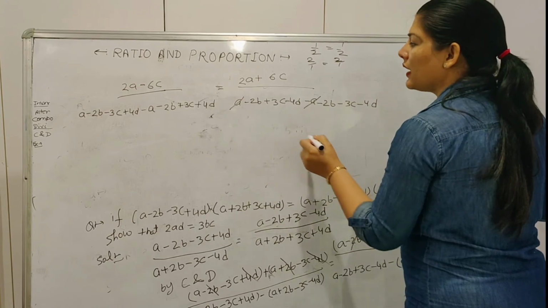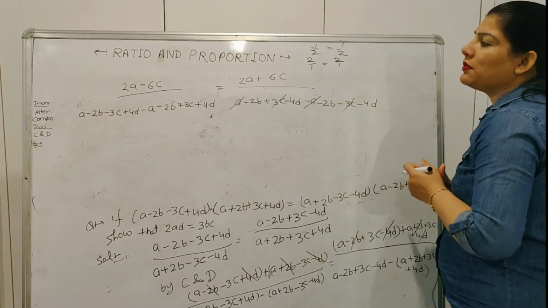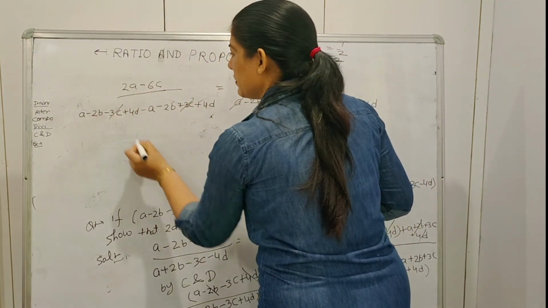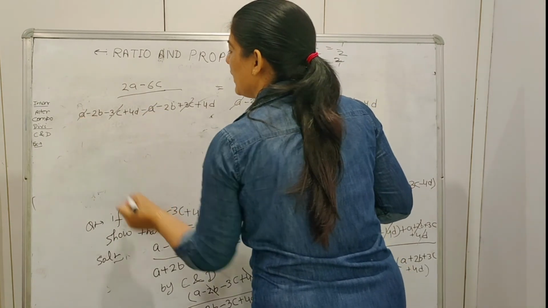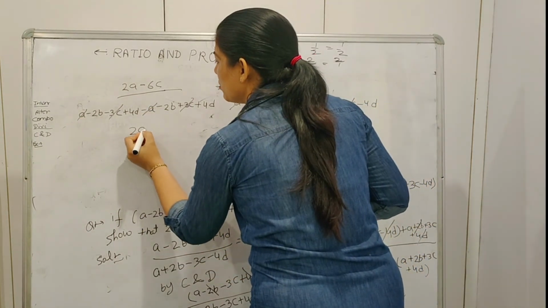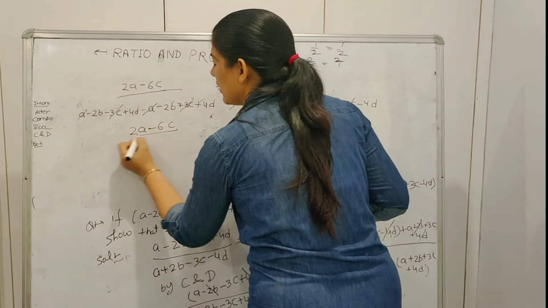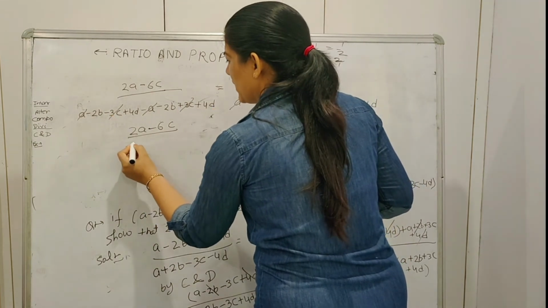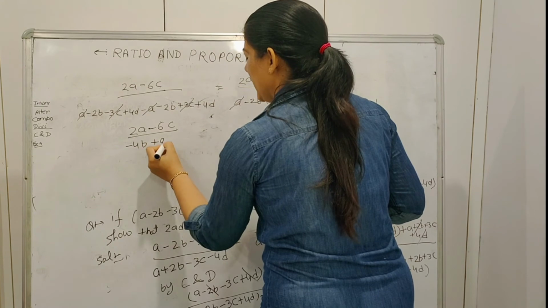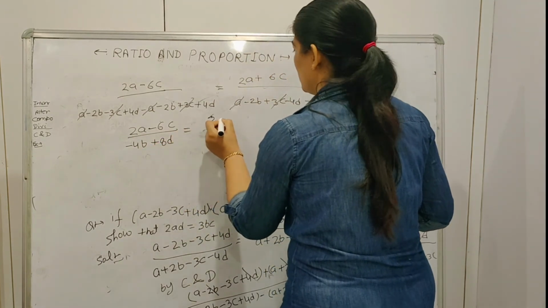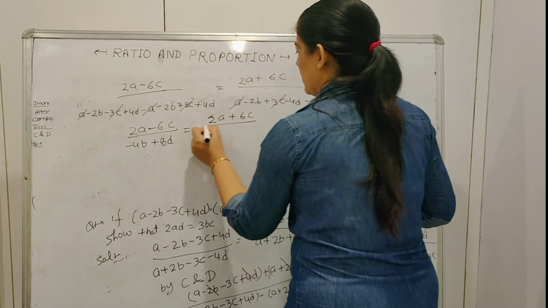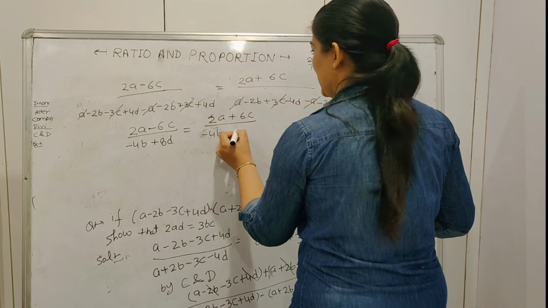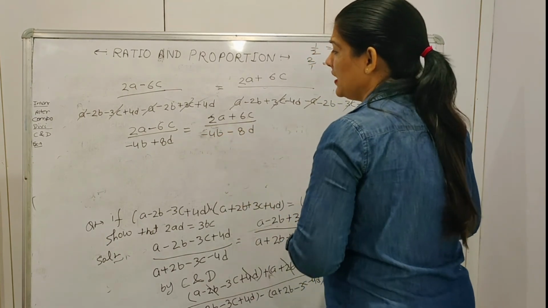A cancelled by minus a, and 3c cancelled by minus 3c, a is cancelled by a. So I have 2a minus 6c upon minus 2b gives you minus 4b and plus 8d here, and on the right hand side I have divided by minus 4b minus 8d.